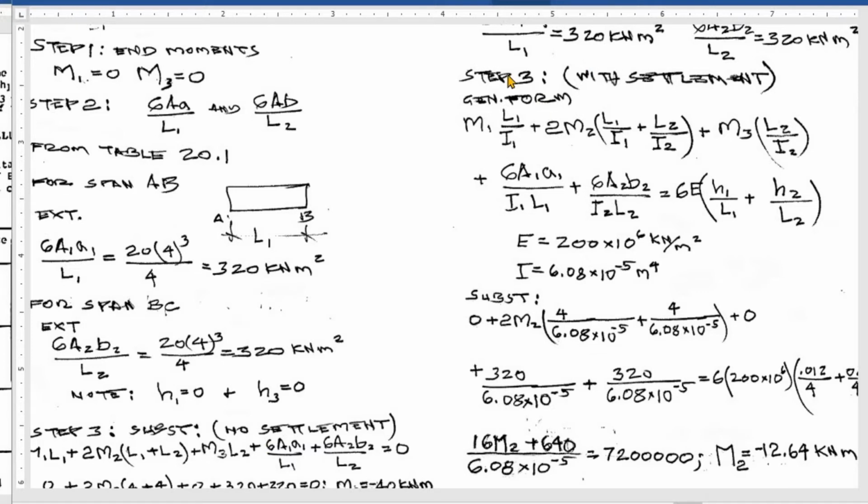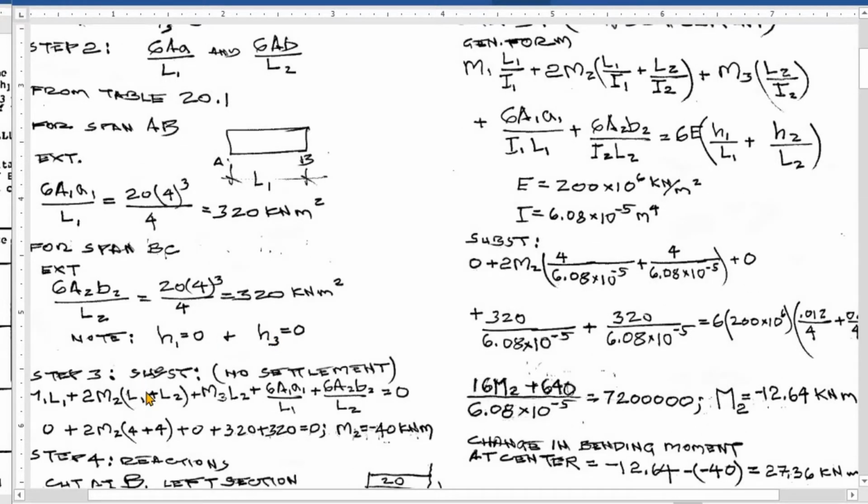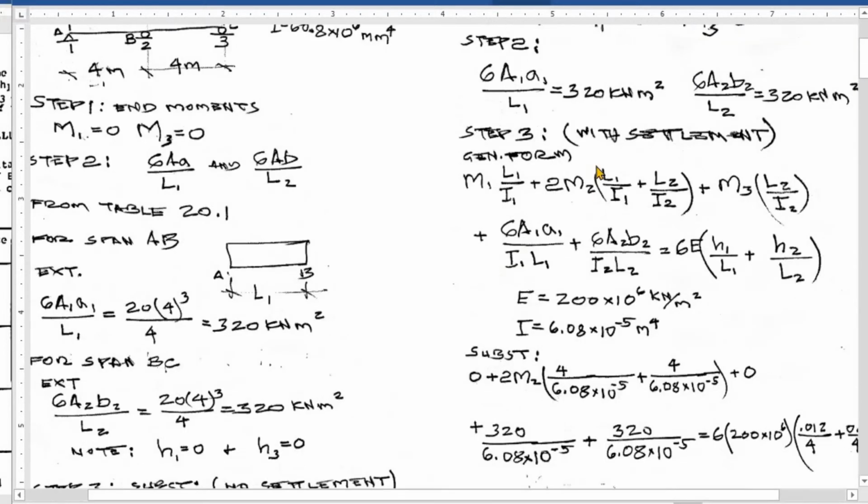And remember na itong with settlement, ito yung second approach, ano? Magkaiba ang kanilang general form or general equation. Dito sa no settlement, this is equal to 0. Pagdating dito sa with settlement, it is no longer equal to 0. Iko-consider mo na ngayon yung displacement na H1 tsaka H2. Okay? Yan ang kanilang difference. The rest, parehas na ang kanilang M1, M2, M3, tsaka yung 6A all over L.